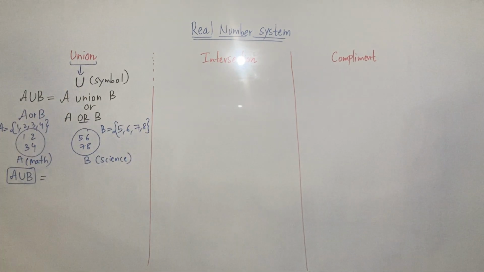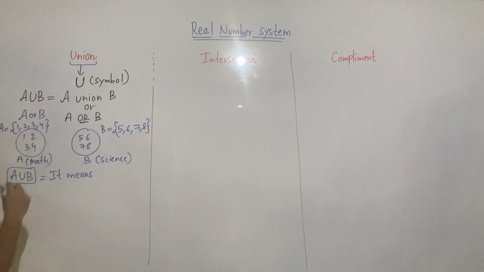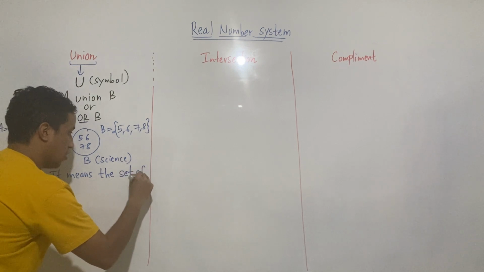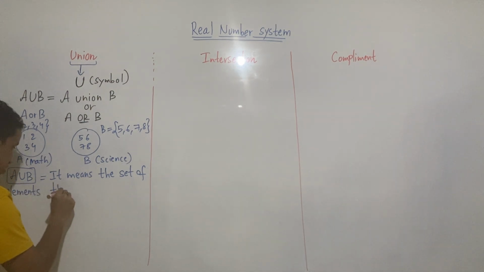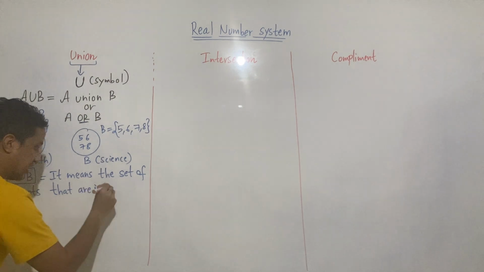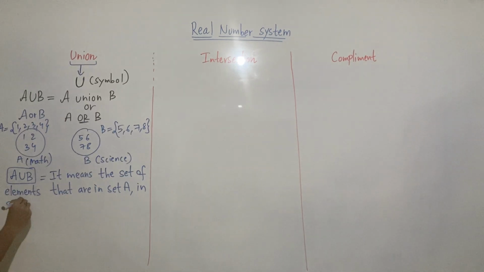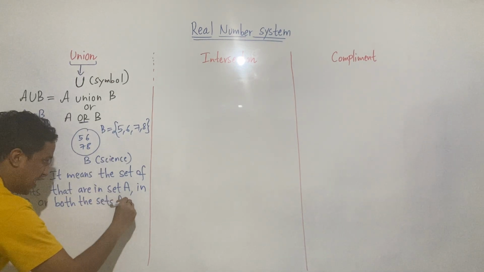So if I have to find A union B, it means the set of elements that are in set A, in set B, or both the sets A and B.